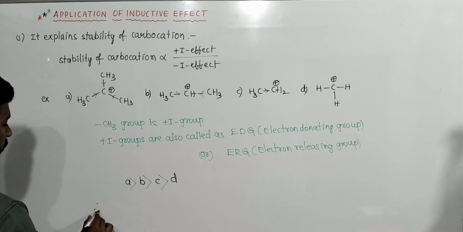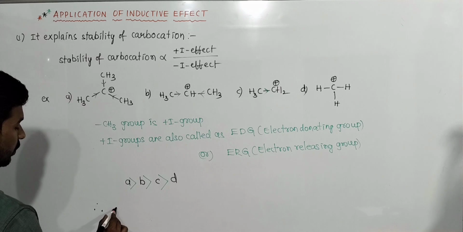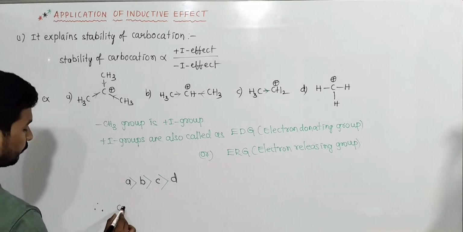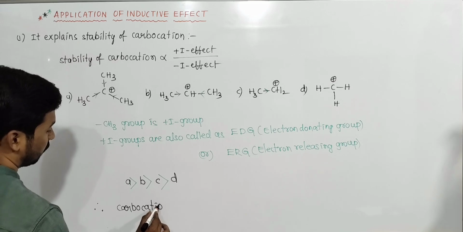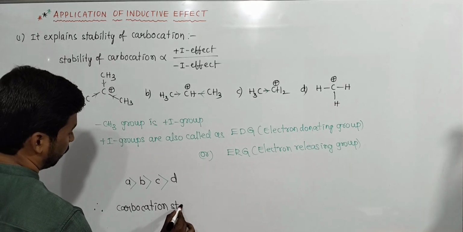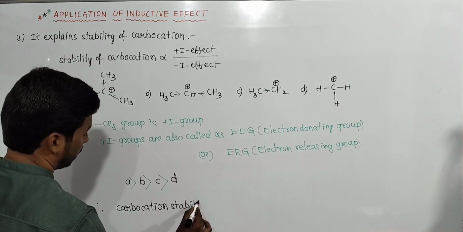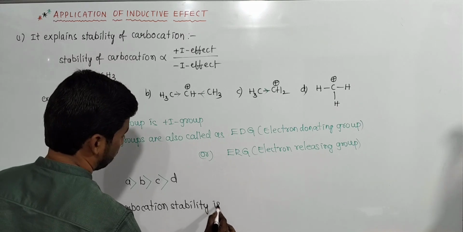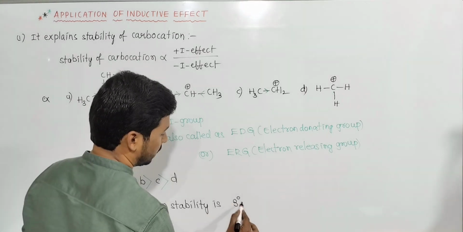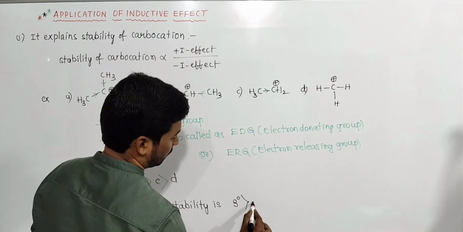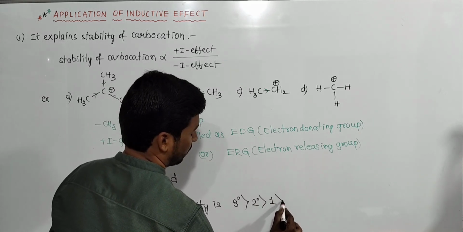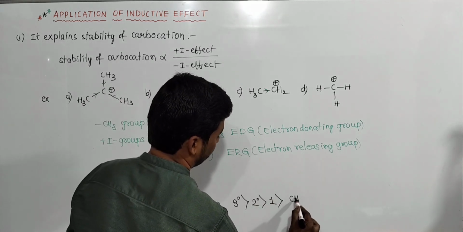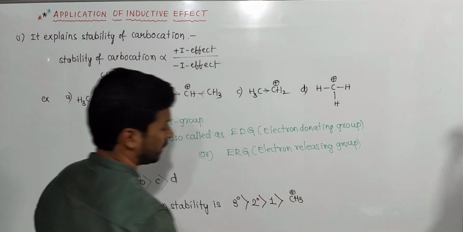Therefore carbocation stability: tertiary is more stable than secondary, more stable than primary, more stable than simple methyl carbocation.